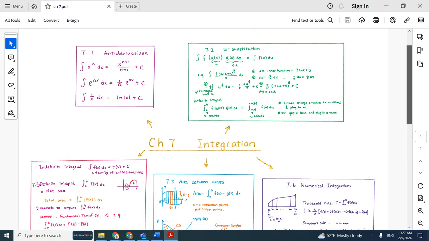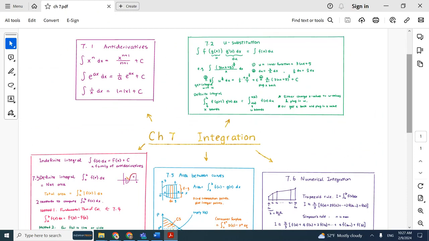I put this here so that you can review and understand and remember all these methods. I hope you can hide this sheet and rewrite everything on your own.